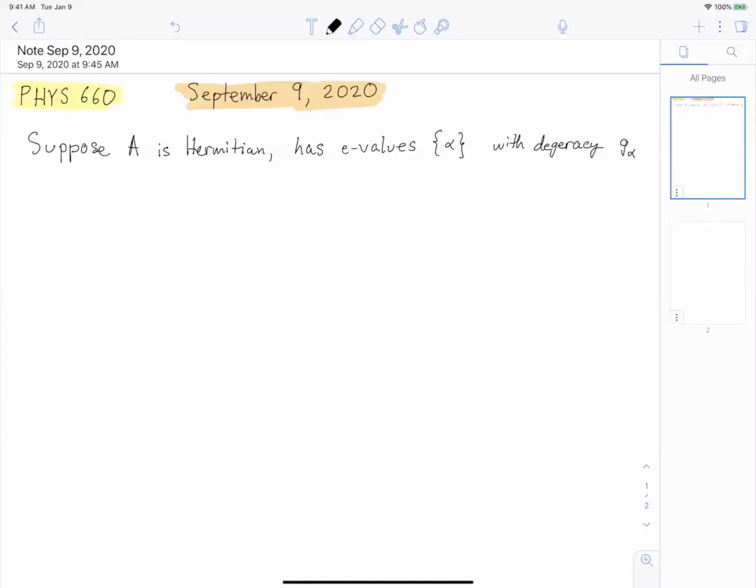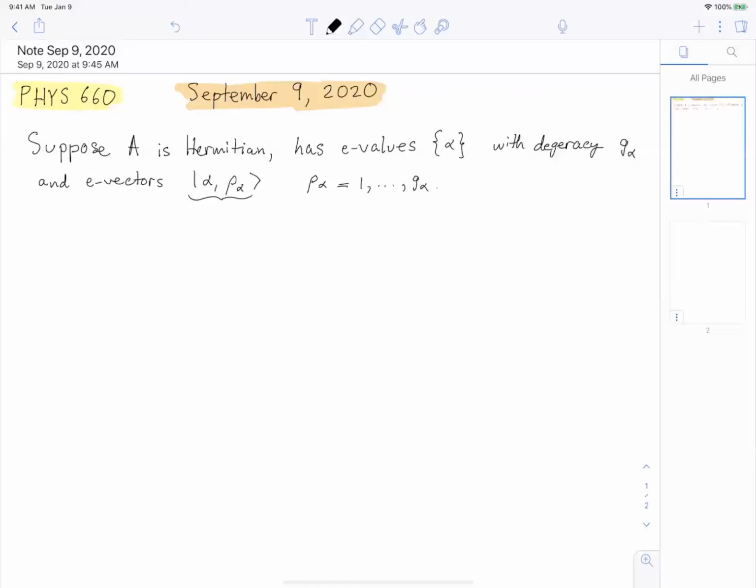Okay, and so the eigenvectors are going to be named after their eigenvalues for A. So I'm going to call them alpha, but then I need another label, rho sub alpha, to tell which one is which among the degenerate subspaces. So rho sub alpha is a number that goes from 1 up to G sub alpha for each alpha. Different eigenvalues can have different degeneracies, so those might well be different numbers.